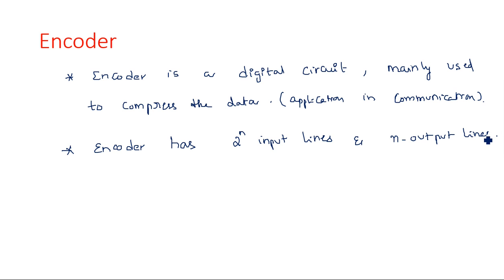So the size of an encoder is 2 power n by n. This is what the encoder is. Encoder has a size of 2 power n by n, where n means the number of outputs.